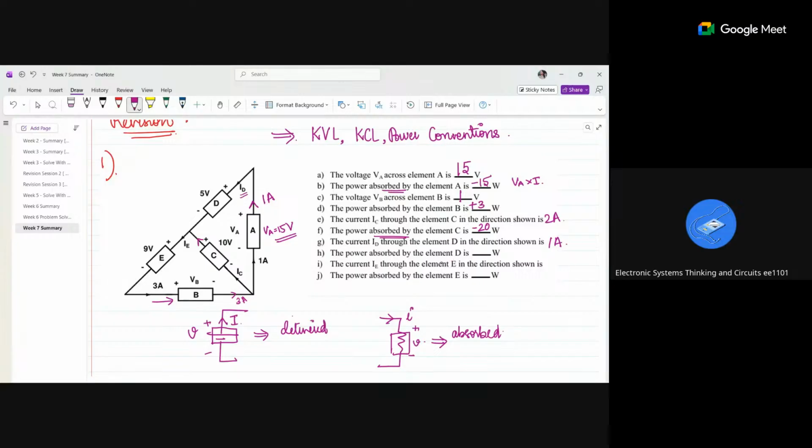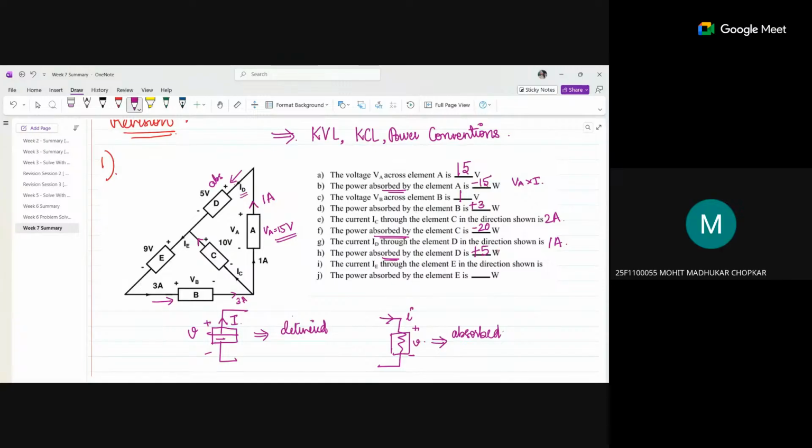What is the power absorbed by the element D? 5 watts. What is the sign, plus or minus? Plus, because it is entering the positive terminal, so it is actually absorbing. In the question also they have asked absorbed. So plus 5, absorbed by the D.